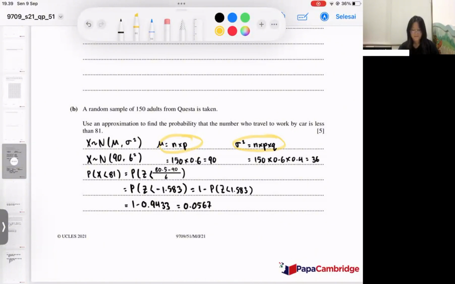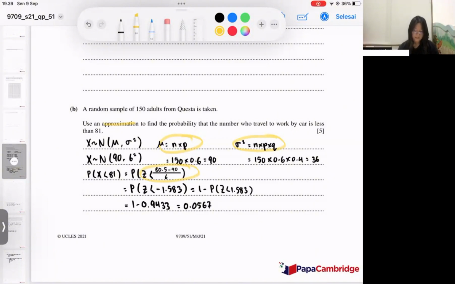In this number, we are asked to find the probability of X less than 81. And since they asked to use approximation, we have to apply a continuity correction and subtract 0.5 from 81. So, to find the probability of X less than 81, we have to find the probability of Z less than 81 minus 0.5, which is 80.5, minus the mean, and then divided by the standard deviation. After calculating this, we get that the probability of Z is less than negative 1.583.